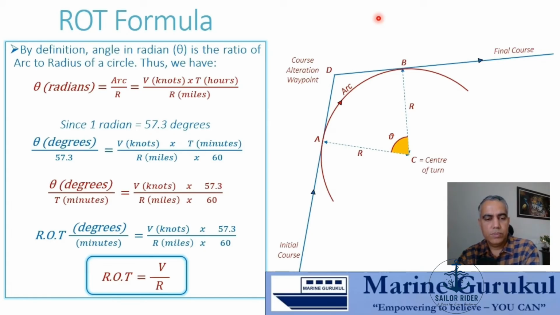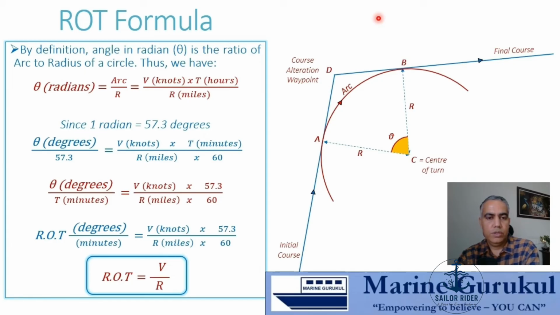However, when we are in restricted waters, the radius may not be under our control. It may not be possible to adjust the radius as per our requirement. So in those situations where the radius cannot be altered because of restricted waters, navigational dangers, then the speed has to be maintained in such a way that we have an achievable rate of turn.